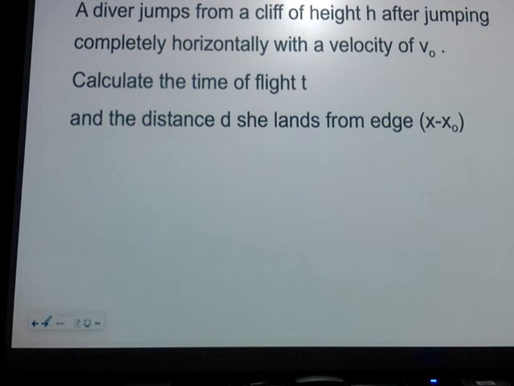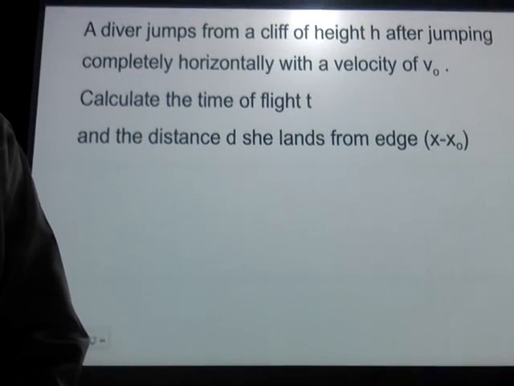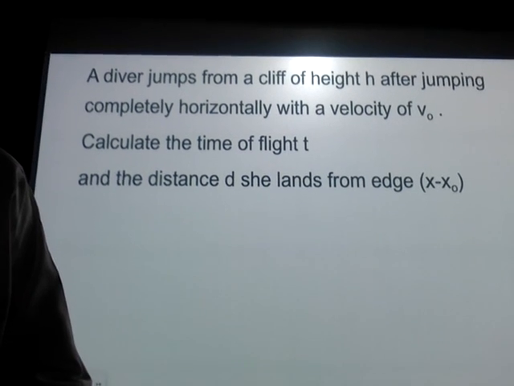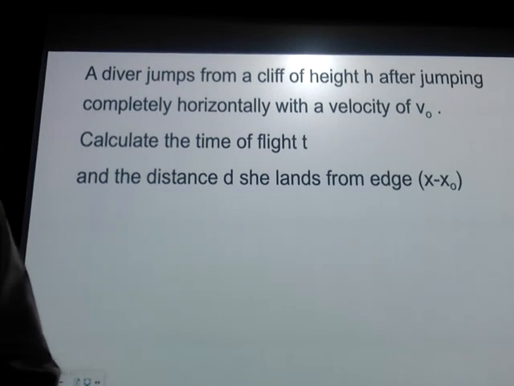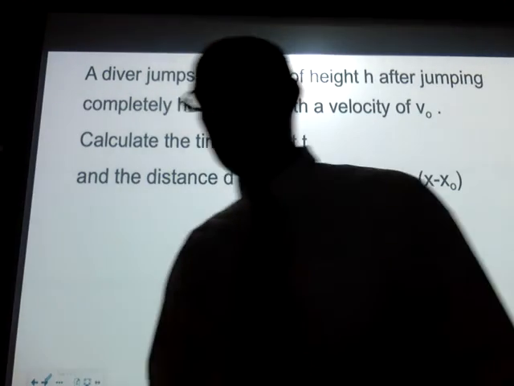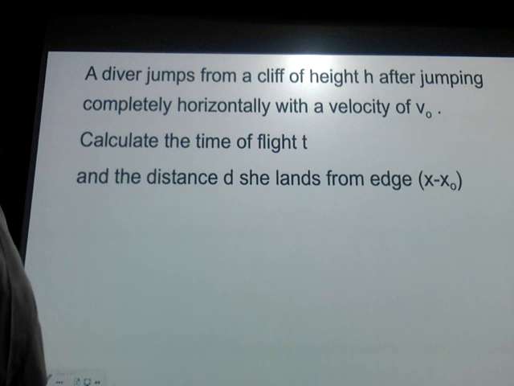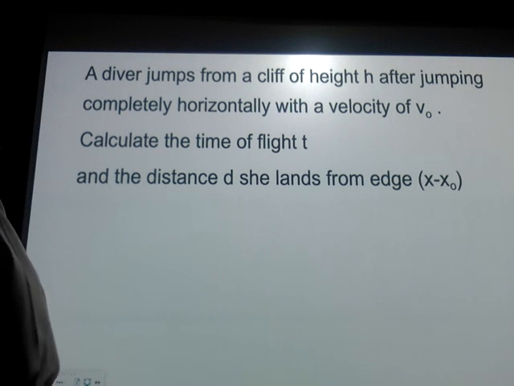I'm going to scroll, put my screen up a little bit so you can see it. All right, so half of the problems that you're going to see are going to be in terms of variables and not in terms of numbers.